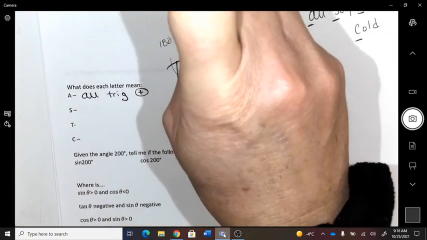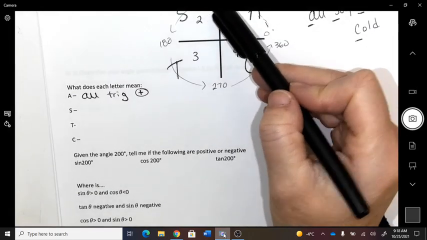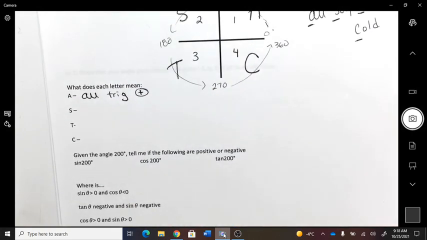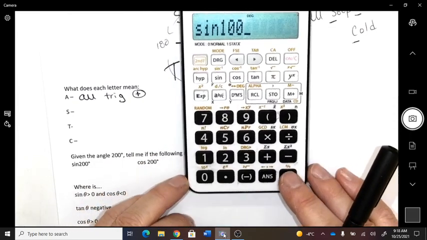Okay, let's jump to quadrant 2. Give me an angle that would be located in quadrant 2. Just anybody give me a number in quadrant 2. So it has to be between 90 and 180. 100? Want to do 100? Okay, ready? Here we go. Sine of 100.